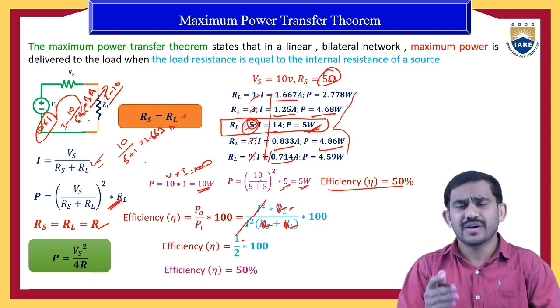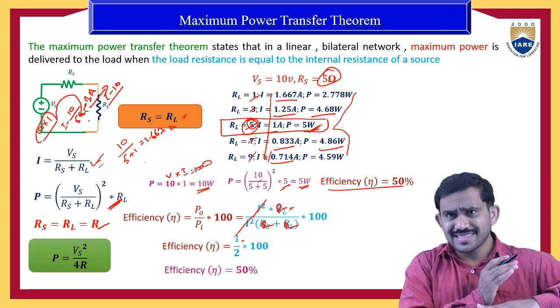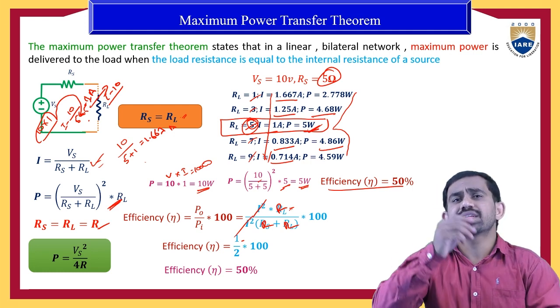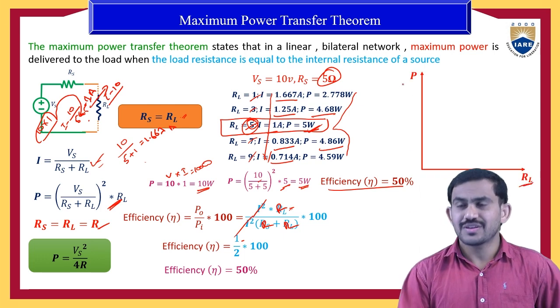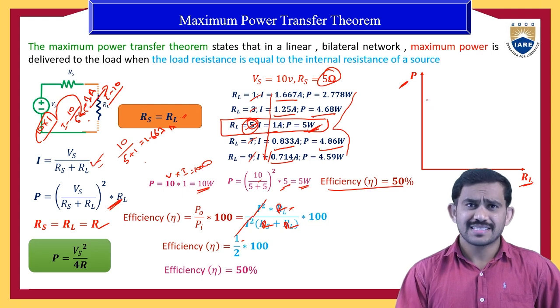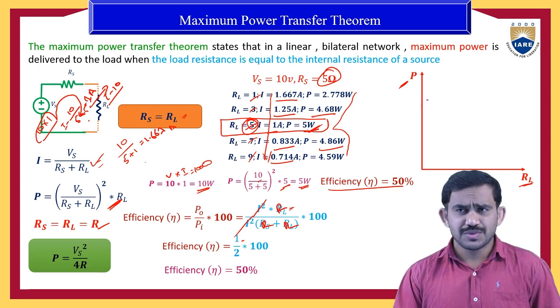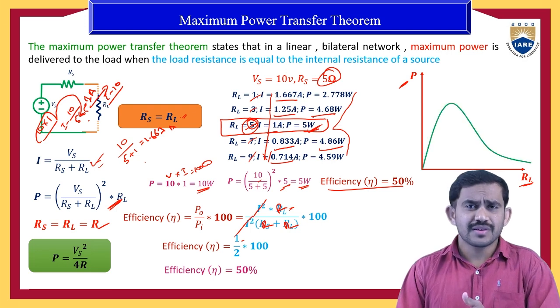Draw the graph for load resistance and power. As load resistance is increasing, what about power? It increases and then decreases. Am I right? So in the x-axis I have load resistance and in the y-axis I have the power value. As RL is increasing, what is our curve?